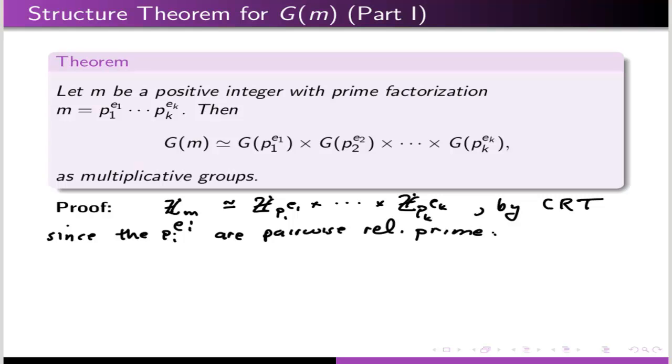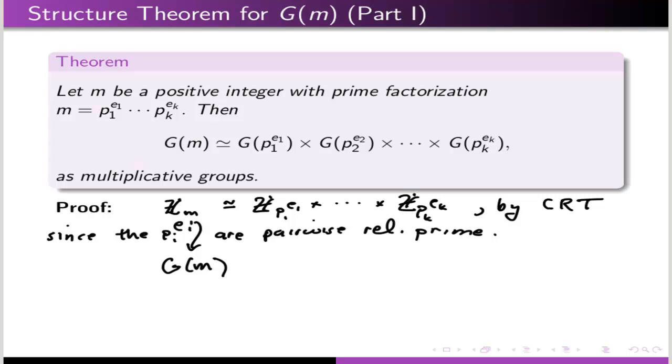Okay, now this isomorphism is a ring isomorphism. So in particular, the isomorphism preserves the product structures in these two rings. Now sitting inside of Zm, you've got a group of units Gm.